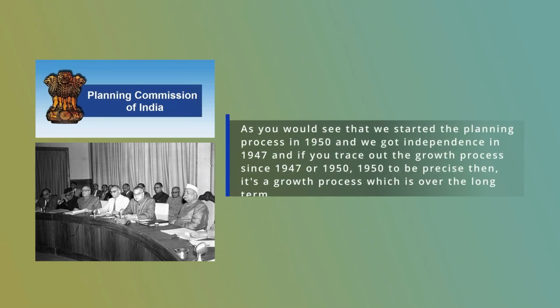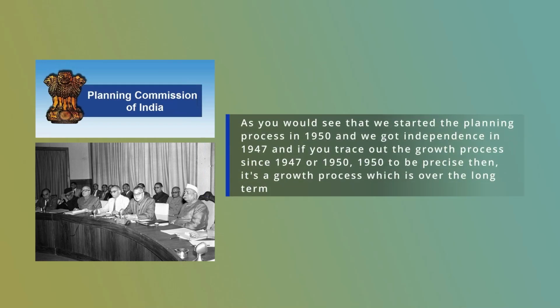As you would see, we started the planning process in 1950 and we got independence in 1947. If you trace out the growth process since 1950 to be precise, it is a growth process over the long term.